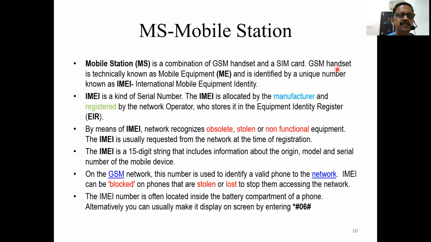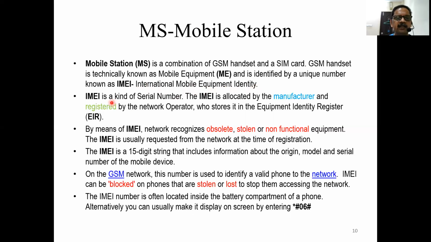The GSM handset is technically known as mobile equipment, ME, and is identified by a unique number known as the IMEI, which stands for International Mobile Equipment Identity. So each handset will have its own IMEI number.